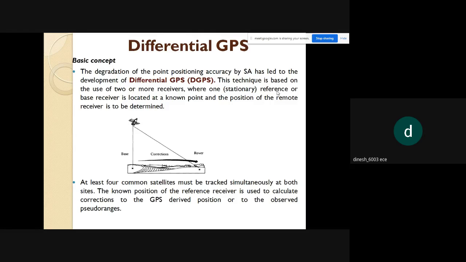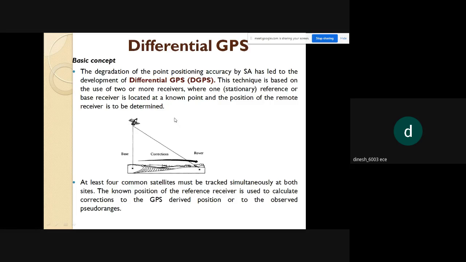This has led to the development of differential GPS, which is based on 2 or more receivers, where one receiver will be stationary, which we call the reference, and another will be in motion. So the technique is based on the use of 2 or more receivers, where one is a reference or base receiver located at a known point, and the other is the remote receiver whose position is to be determined.